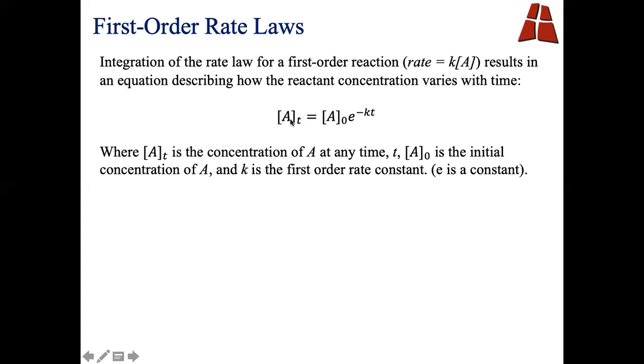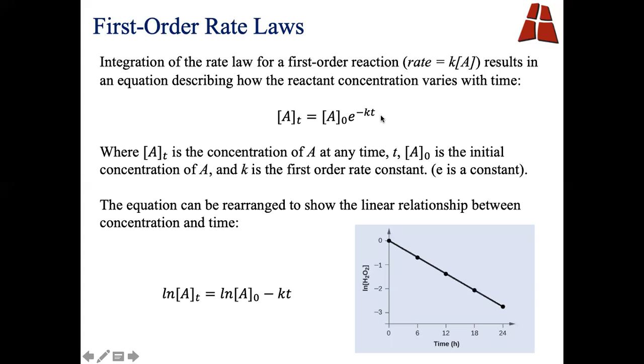A sub t is the concentration of our chemical A at any time, and A sub naught is the initial concentration. We also have this term e, our mathematical constant, e to the negative kt, where K is our same rate constant and t is time.